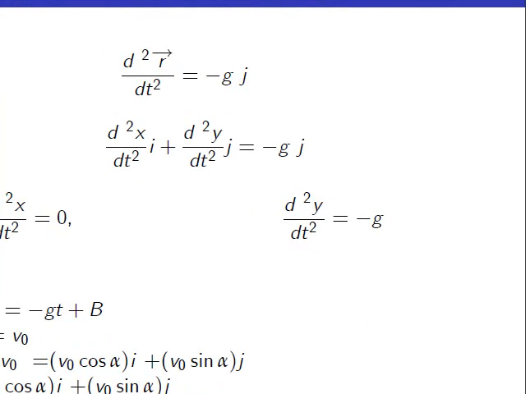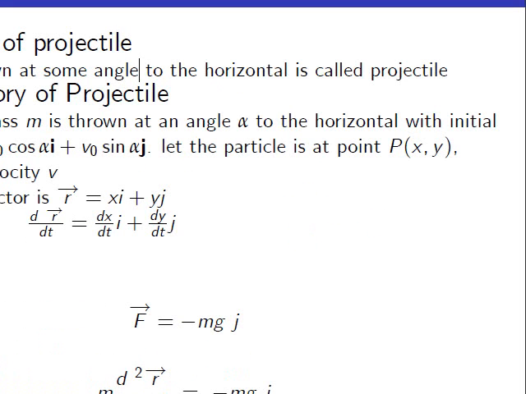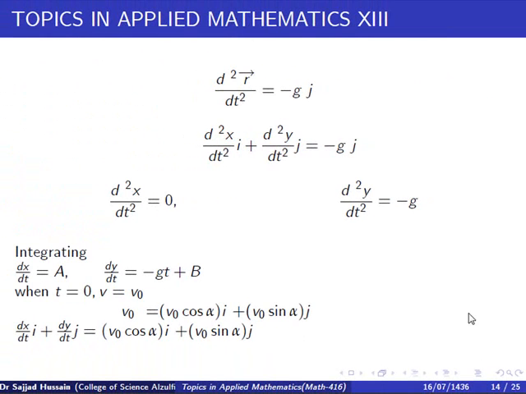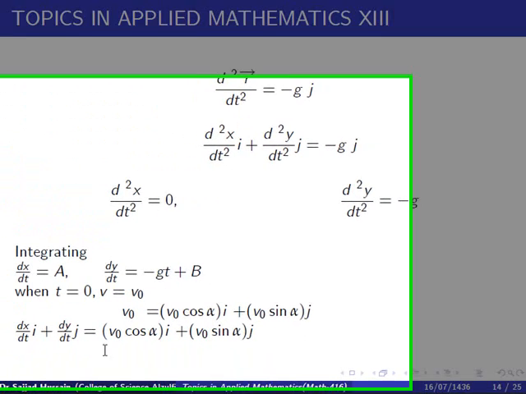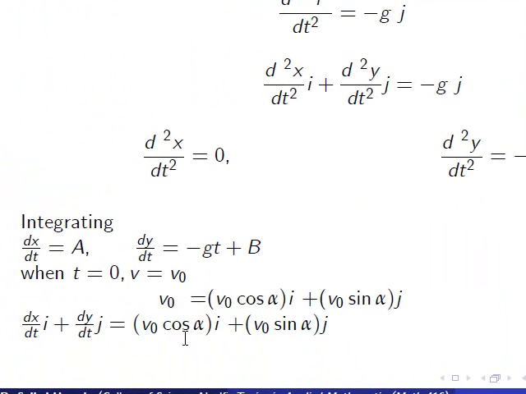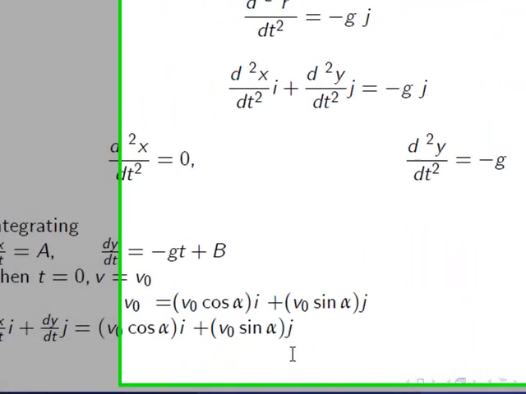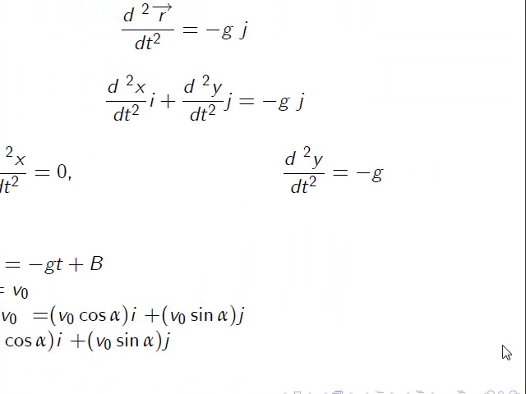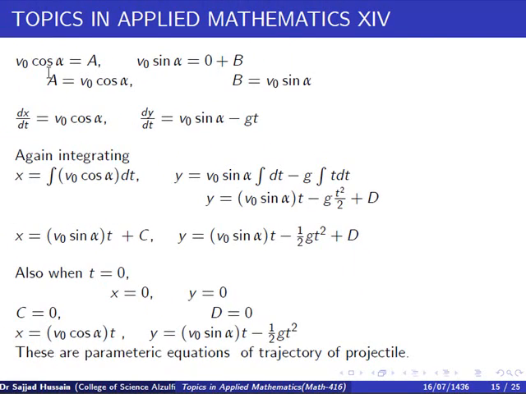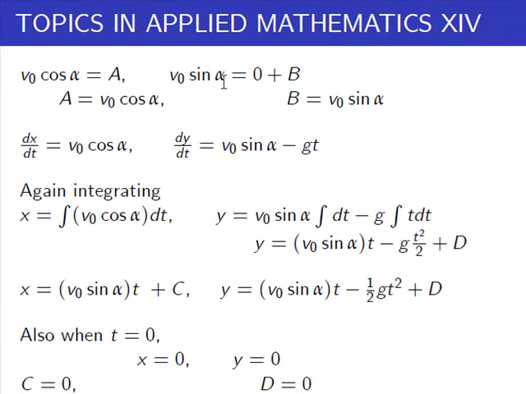So we put these into the velocity: dx over dt i plus dy over dt j is equal to v naught cos alpha i plus v naught sin alpha j, and we obtain v naught cos alpha is equal to a and v naught sin alpha is equal to 0 plus b.